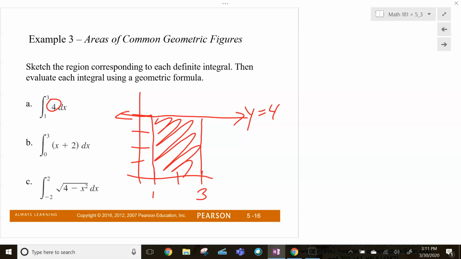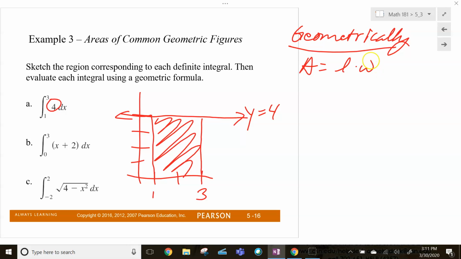So the area, geometrically speaking, is just a rectangle. Area is length times width, or base times height. So our base here is 2, our height here is 4. So we've got an area of 4.